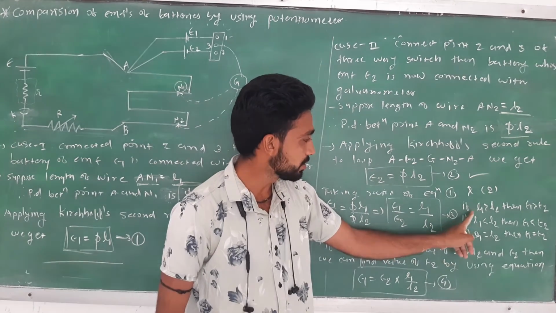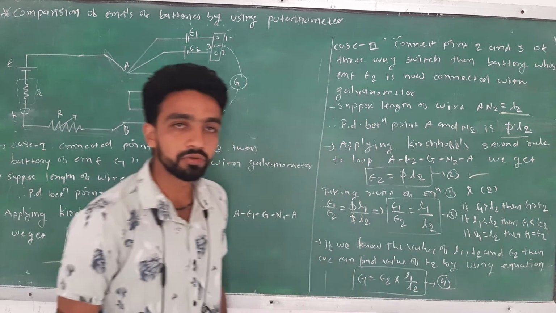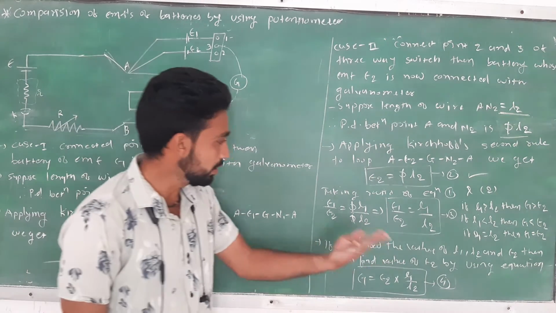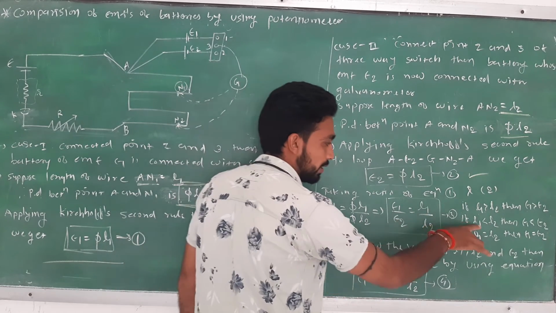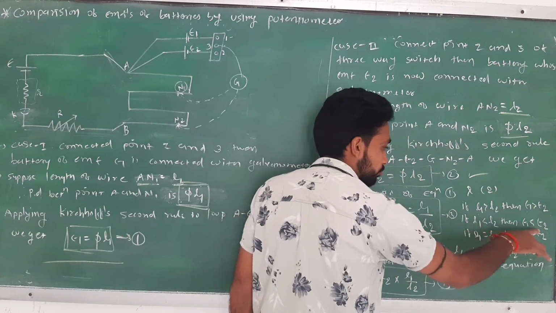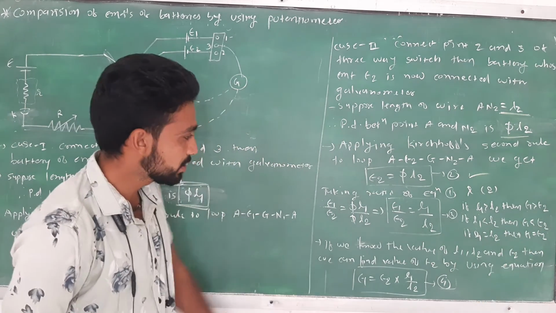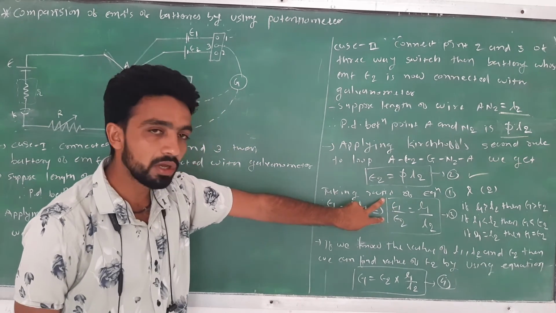So this is the first case. Similarly, we take the opposite case. l1 is less than l2. At that time, epsilon 1 is also less than epsilon 2. And in the third case, when both lengths are equal to each other, both EMFs are also equal to each other.